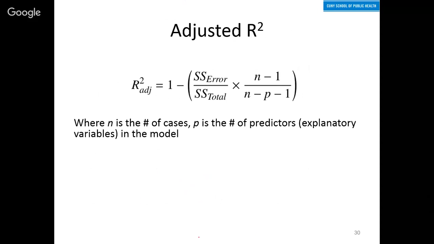So the more predictors that you have in here, the more it penalizes this sum of squares. Whereas without this, your sum of squares of errors will always go down as you add variables. That is offset by this increasing denominator, the adjusted R².